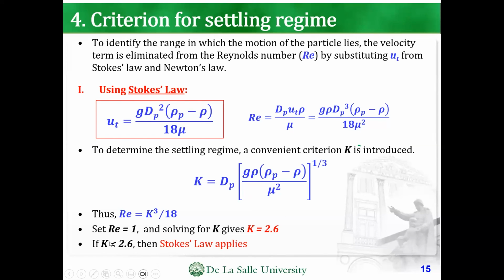If Re, the Reynolds number, is approximated to be 1, solving for K, this would be 18. The cube root of 18 would give you 2.6. So I can safely say that if K is less than 2.6, that means Re would be less than 1. So Stokes' law applies in these formulas.